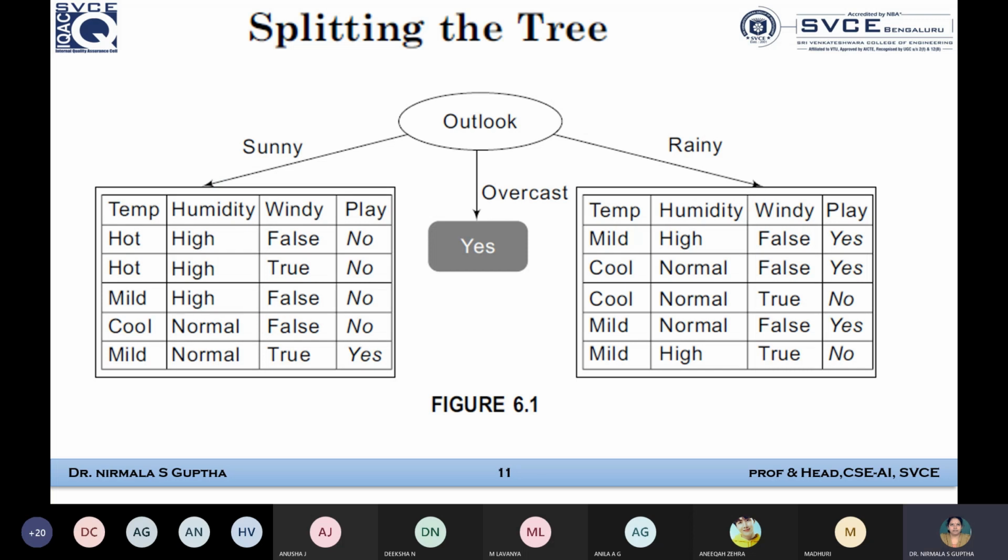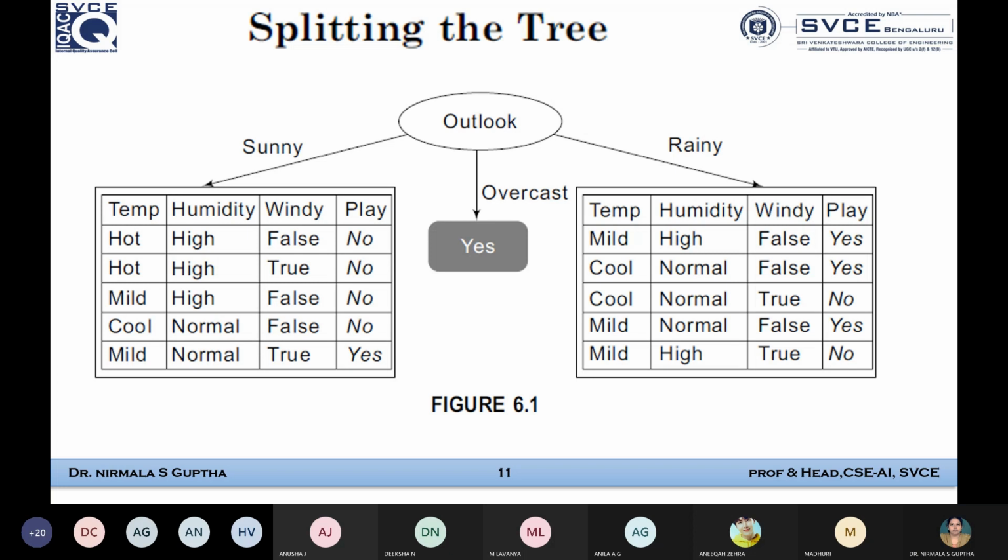Under sunny, the table is 5 rows and 4 attributes on the slide. So now we need to consider humidity. What are the rules you can give for humidity? Parameter is humidity. Write down the 2 rules.